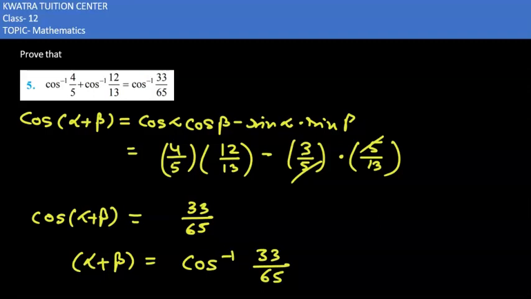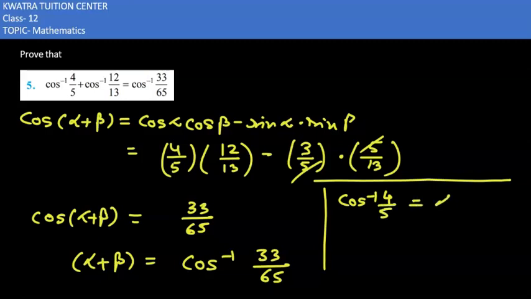So therefore, we can say if you place here the value of alpha, which is cos inverse 4 by 5, that was taken as alpha, and cos inverse 12 by 13, which we have taken as beta.